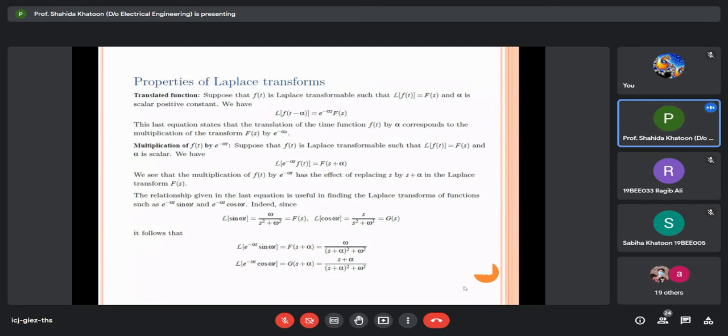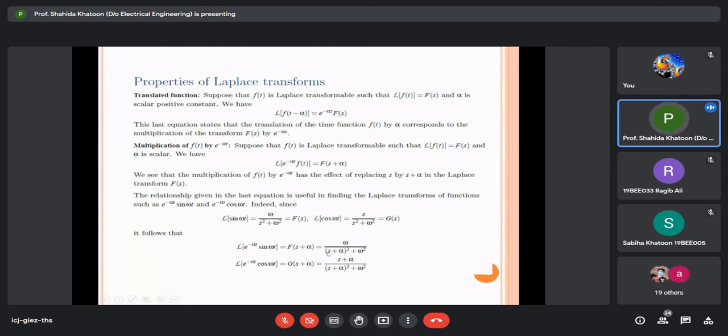Suppose we want to take the Laplace transform of e to the power minus alpha t sine omega t. Simply use this equation, and the result will be F(s plus alpha), so replace s by s plus alpha.